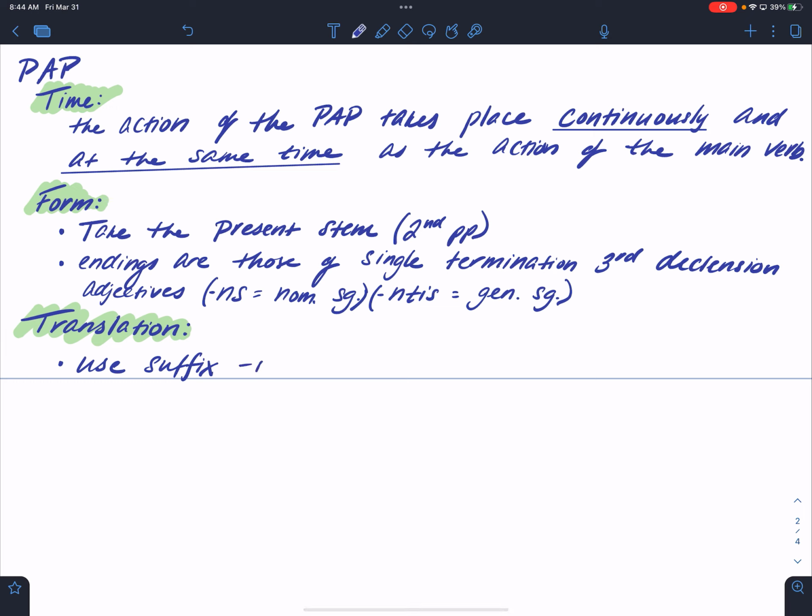A prefix. Okay, just add -ing to it. That's very basic. But sometimes you can translate it like a relative clause. Or you could use while or as. All right, so those are three possibilities for translating your PAP.